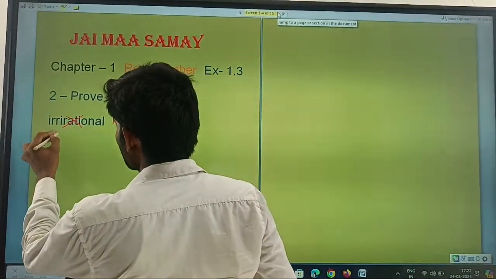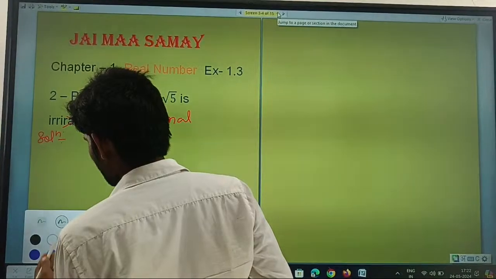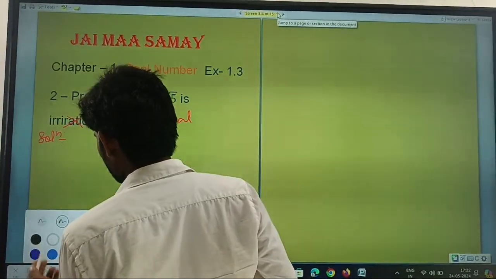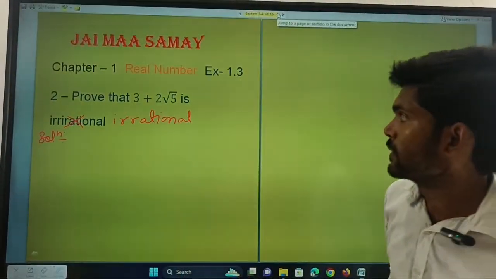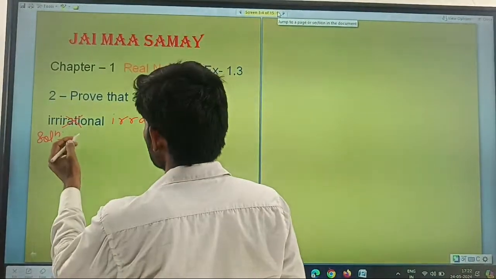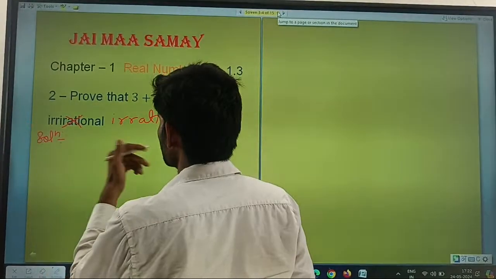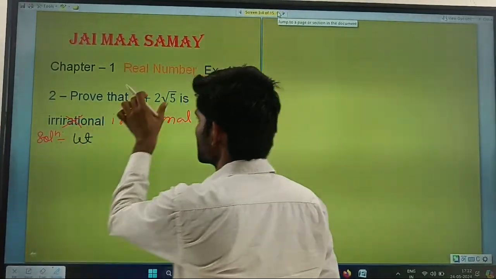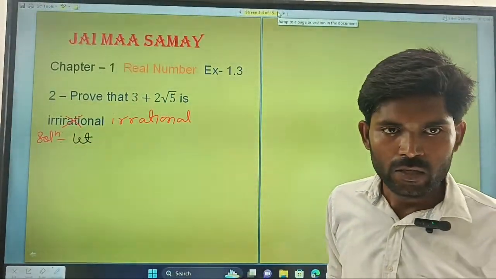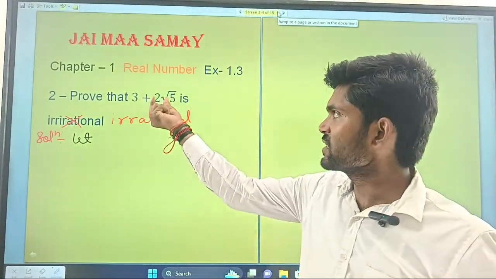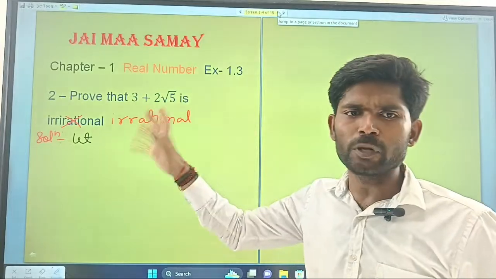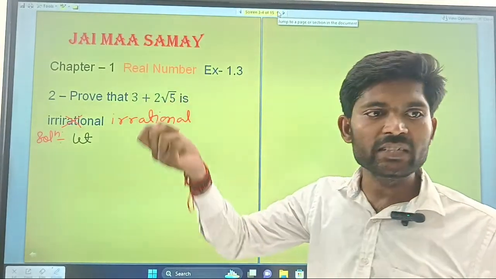Solution. Let us first suppose this is rational. Why is this irrational? Under root 5 is not a perfect square. Any under root number which is not a perfect square is irrational.